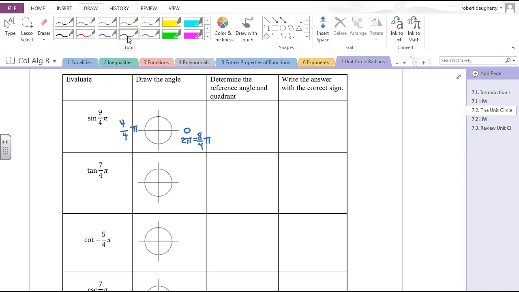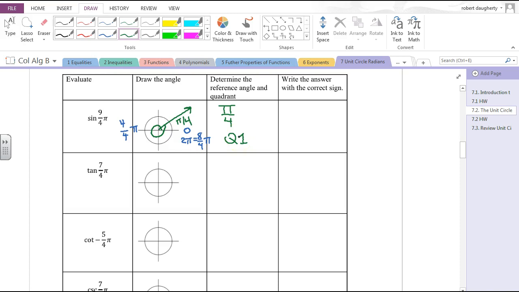So after 1 revolution, 2 pi, or 8 over 4, I have to go pi over 4 further to get to 9/4 pi. So this reference angle is just pi over 4 in the first quadrant.